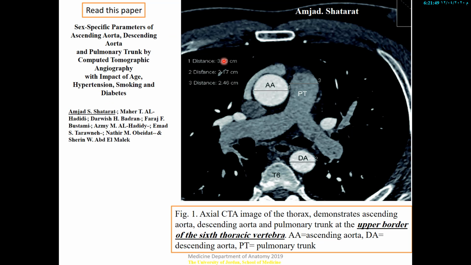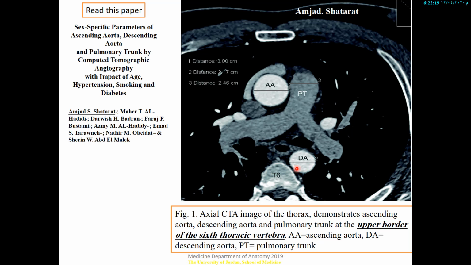This is the same story here. We have, this is T6 maybe, T5, T6. We would see the pulmonary trunk as it divides into right and left main pulmonary arteries. This is of course the ascending aorta, and this is the descending aorta. How do I know this?